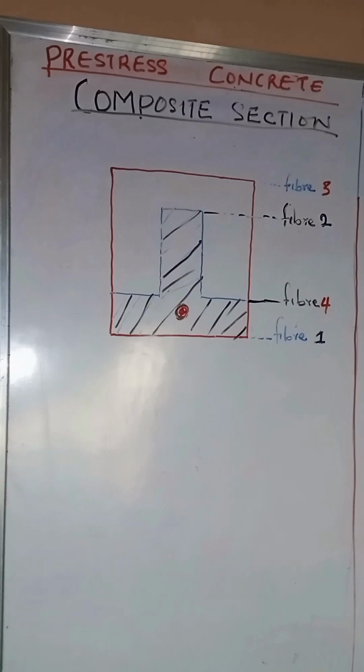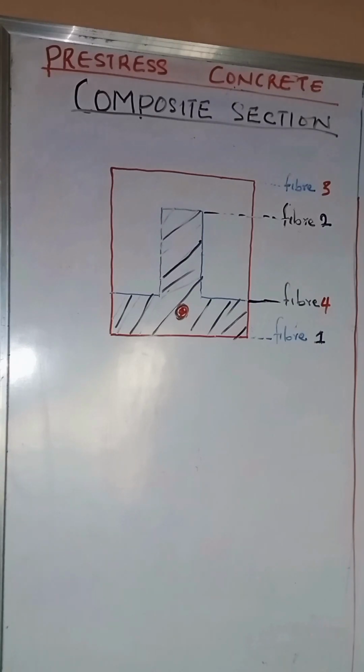The first one is a situation whereby the beam is constructed in such a manner that we have props. Props are used as a temporary support for the section while carrying out the construction process.